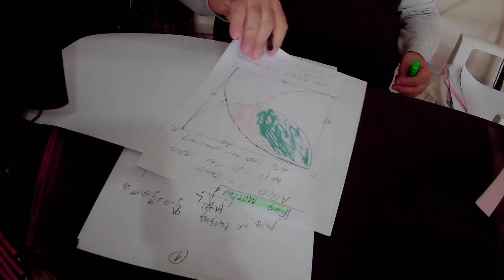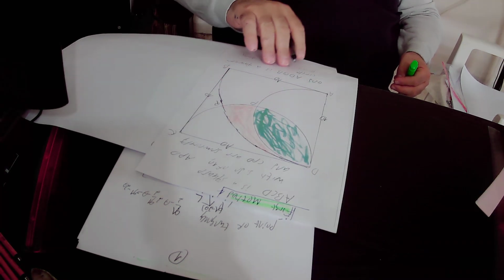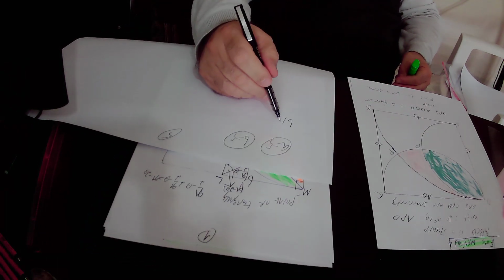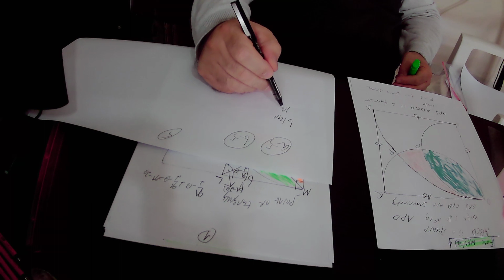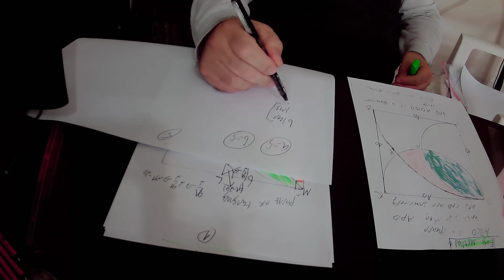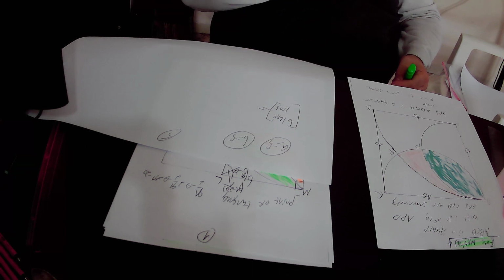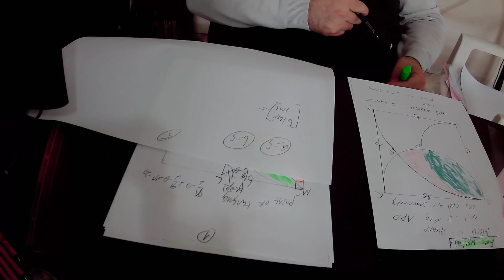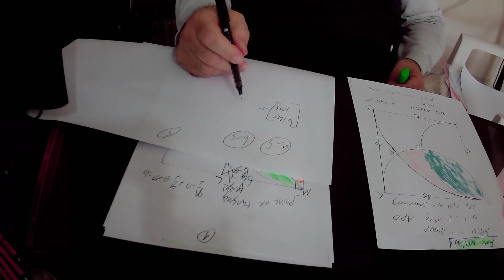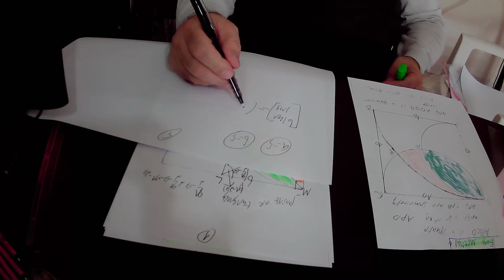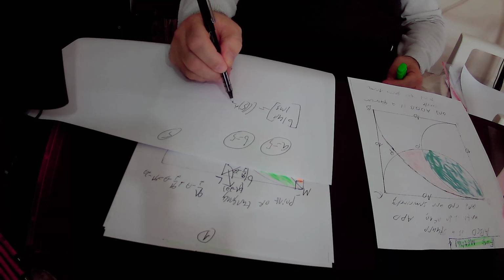So the area of this blue lens will be equal to A squared minus B squared. A is 5, so A squared is 5 squared, minus B squared.